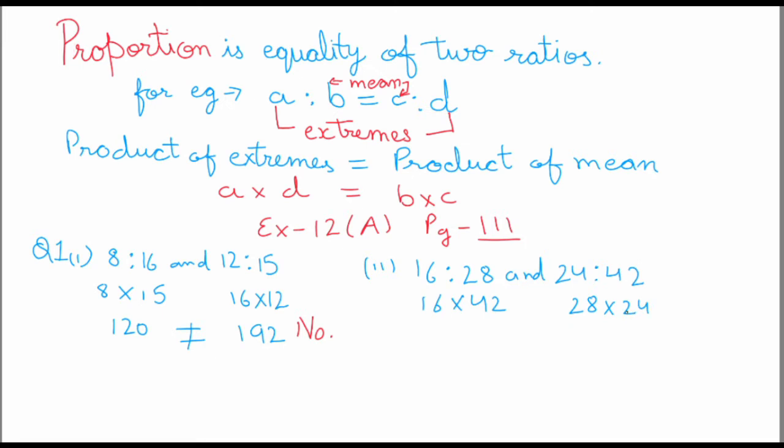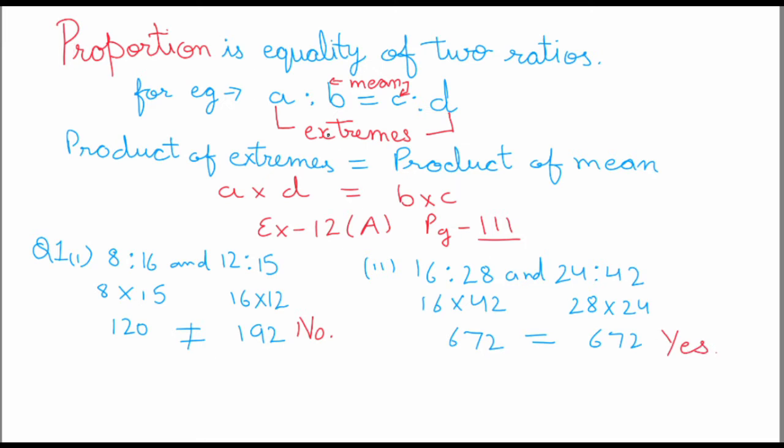When you multiply both of them, you will get 672. That means both the ratios are equal. And if both the ratios are equal, they are in the proportion, so we write it as yes.